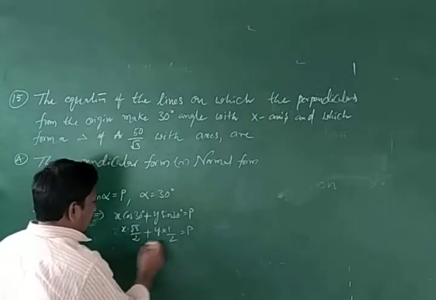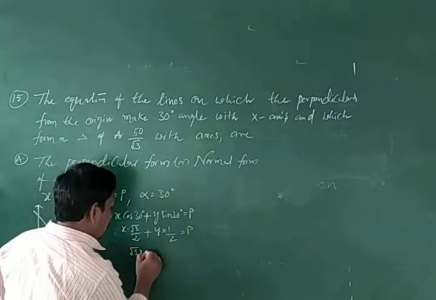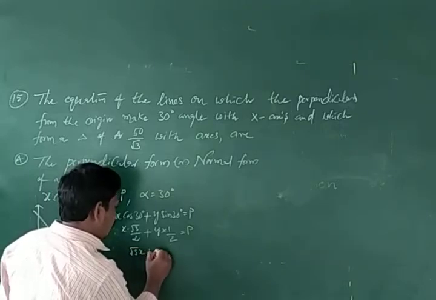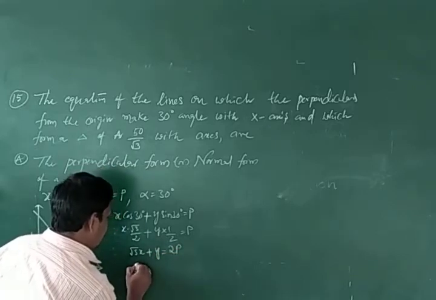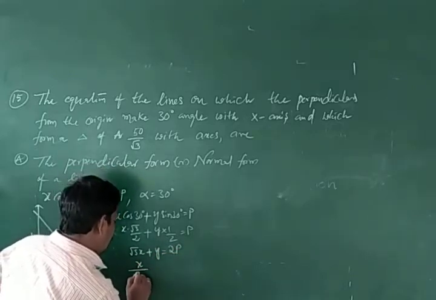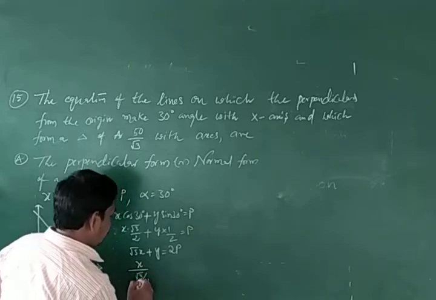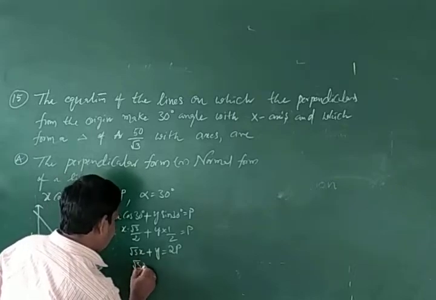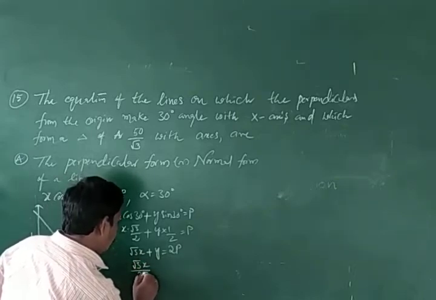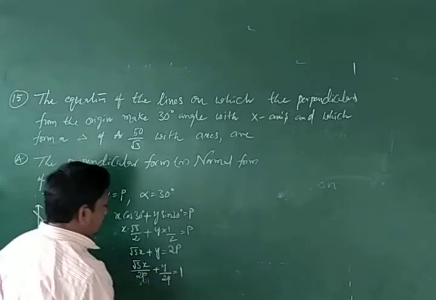And for the LCM, root 3x plus y equal to 2p, root 3x by 2p plus y by 2p equal to 1.